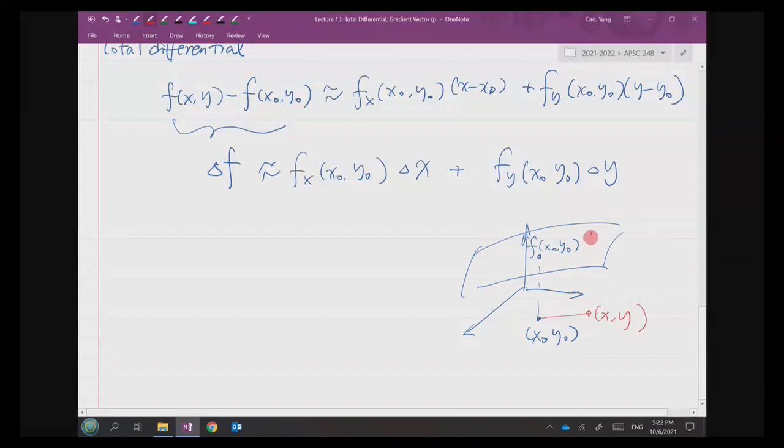For the new location, there's a new value on the function on the surface, f(x,y), vertically.